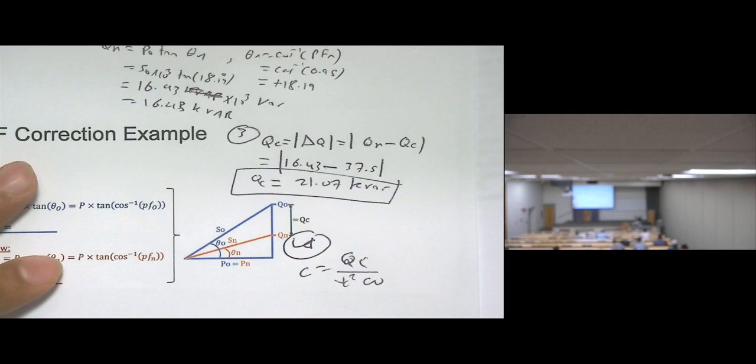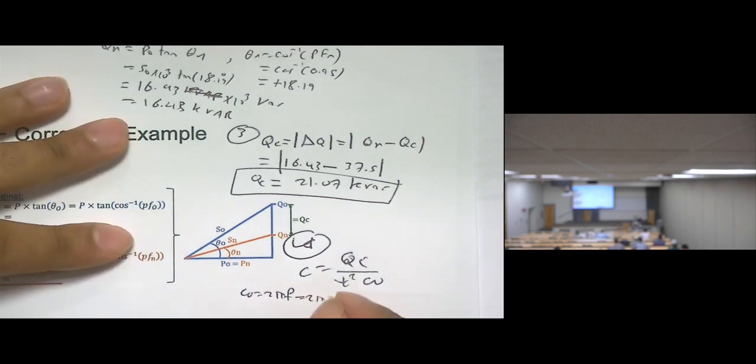Omega equals 2 pi times F, right? Is the frequency given? No. So what's the frequency? 60 hertz. So 2 pi times 60, then it will be 377 radian per second.